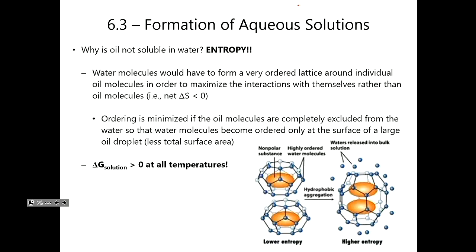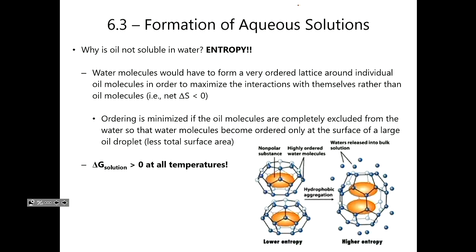They have to form like a cage and interact with the neighboring water molecule, with the other water molecule, with the other water molecule. So imagine if it were to dissolve, every single oil particle would have to be surrounded by a cage of water molecules, and they're interacting with themselves only.